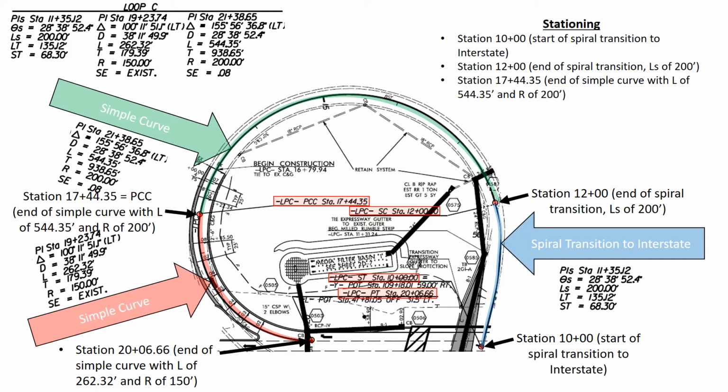Then we go to our first simple curve that ends at station 17 plus 44.35. And then our final station is station 20 plus 06.66, which is the end of our loop as it connects back to our arterial or cross street at this interchange.